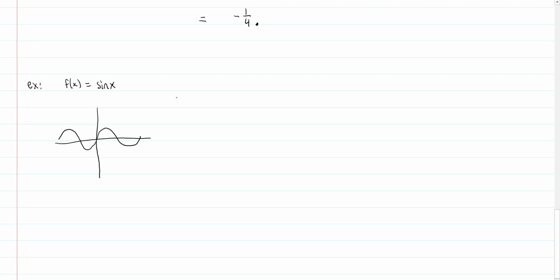And let's ask, what is the slope of the graph of the sine function at x equals 0, so right here at the origin. So notation-wise, that would be f prime of 0.